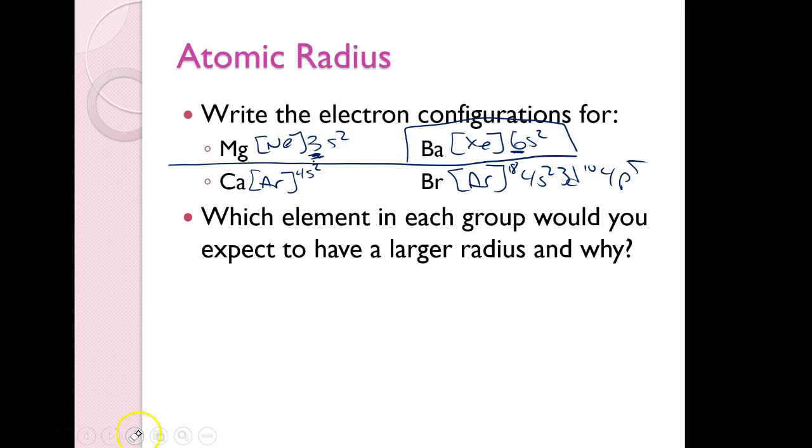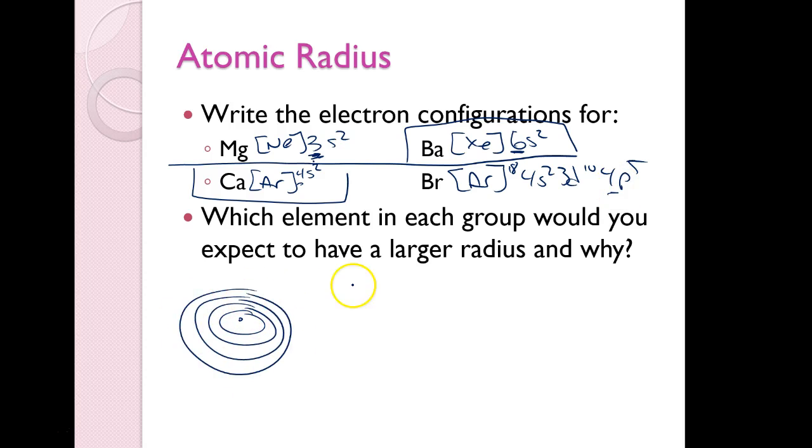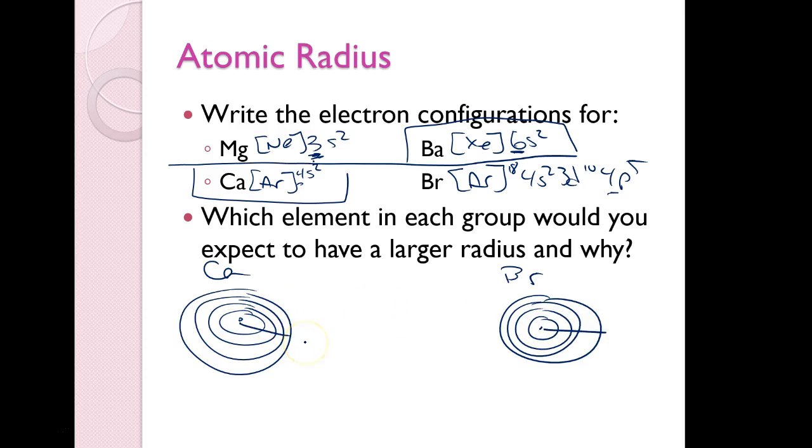Okay, the next one is actually kind of counterintuitive. In this one, calcium is actually bigger. And the reason why, if you notice, is that they both are energy level 4. So they're both 1, 2, 3, 4. That's calcium. And bromine is 1, 2, 3, 4. So they both have their electrons 4 energy levels out. So you can't really compare energy levels with these guys.